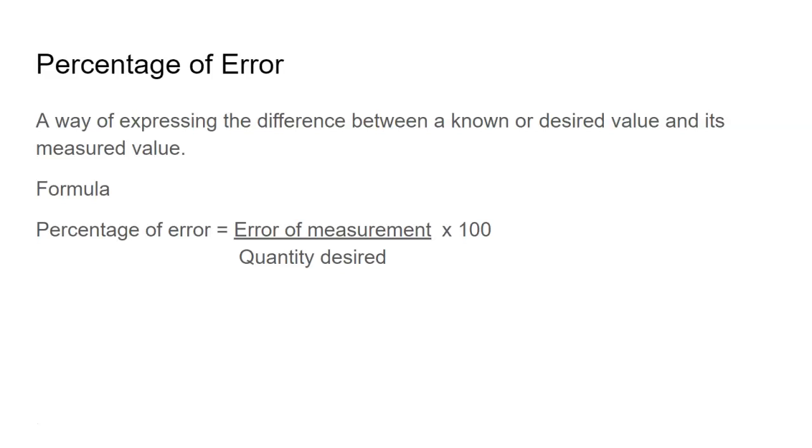And it's really important in pharmacy because if you take something really heavy, like let's say a car, and you're off by 5 grams on the weight of a car, does that matter? No, it doesn't matter because it's such a small amount.